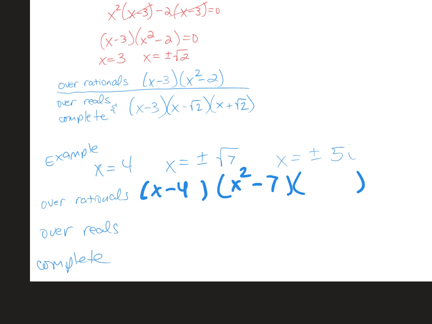It's going to be positive. It's just going to be ugly. So what would the next parenthesis look like? X squared what? Plus 5. Perfect. Good. If you end up with a square root that is real, it's going to be x squared minus something. If you end up with an imaginary, then it's going to be x squared plus something.